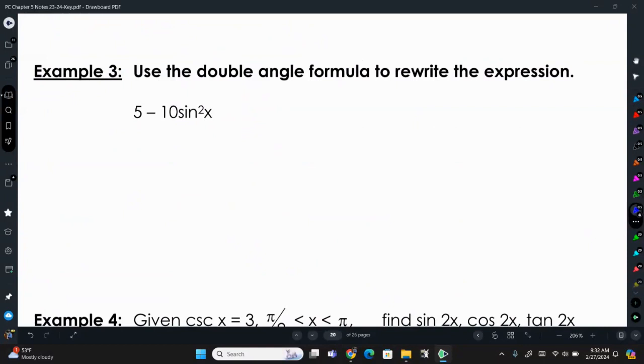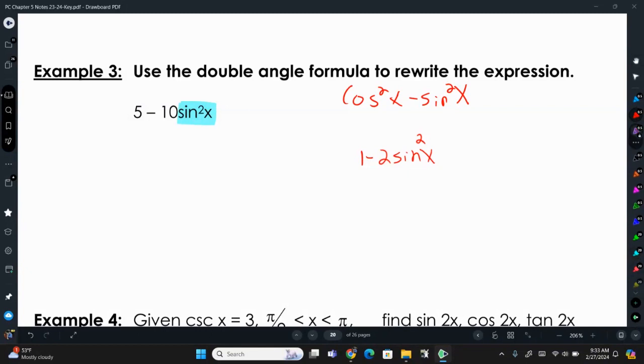So if we look at the formula sheet, only two formulas have sine squared in it: cosine squared x minus sine squared x, and 1 minus 2 sine squared x. Those are the only two formulas that have a sine squared in them. So I know I'm going to use one of those.